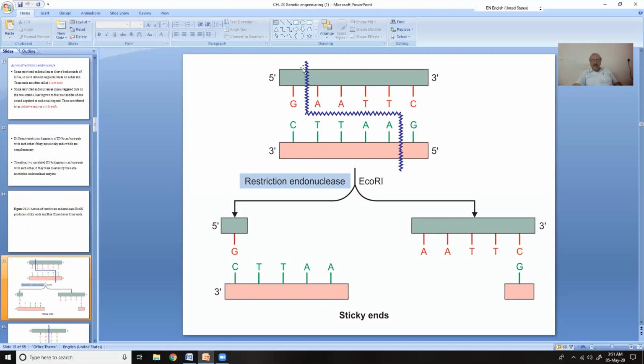Now a restriction endonuclease is working like this: it is cutting just after G. Here also and here also it is cutting. So what we are having is G here and G here. This G is separated here.